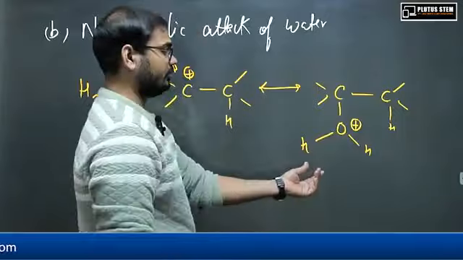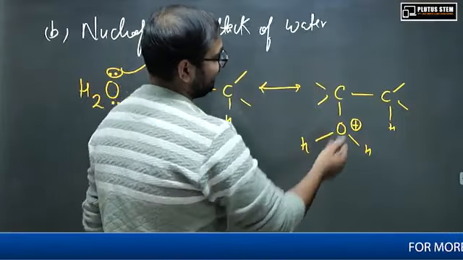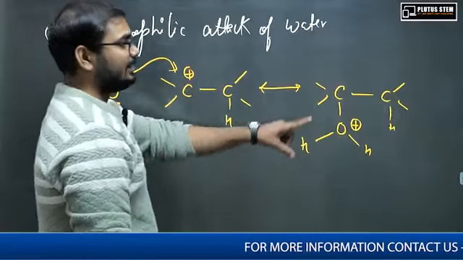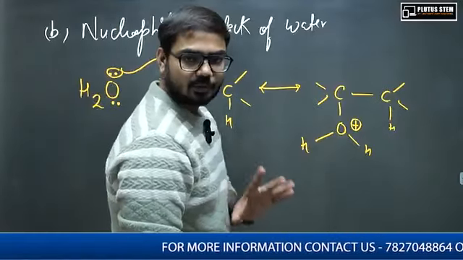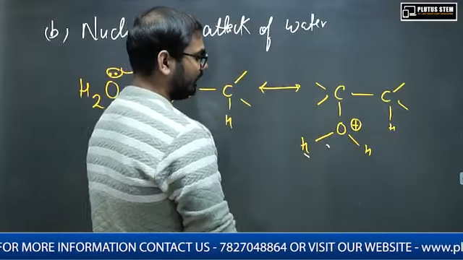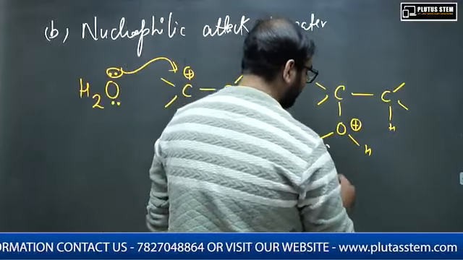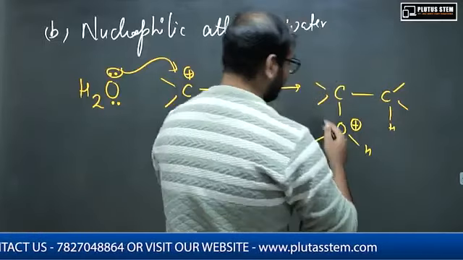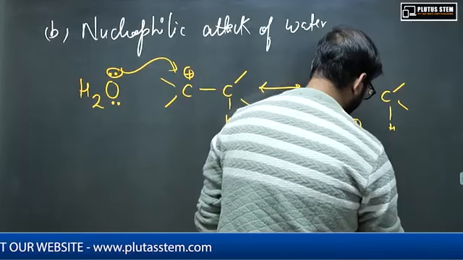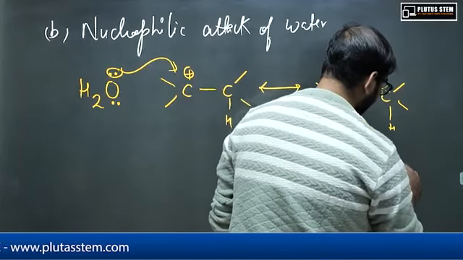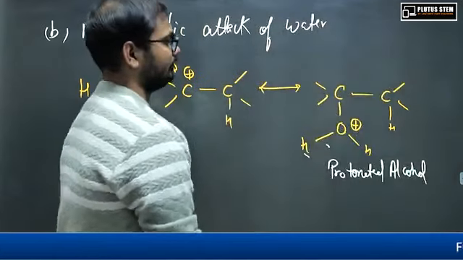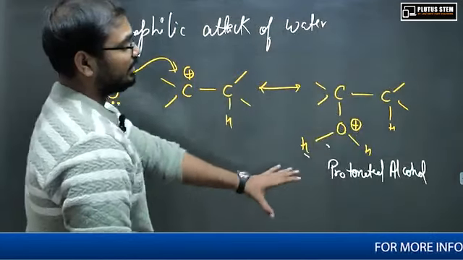So simply, if I remove this proton, which is H plus, to stabilize this oxygen, what I get? I will get my alcohol. In this entire alcohol, the extra portion that I am having is nothing but this particular bond in the molecule. Because of this particular reason, this species is called the protonated form of alcohol, or protonated alcohol. This protonated alcohol needs to get stabilized.